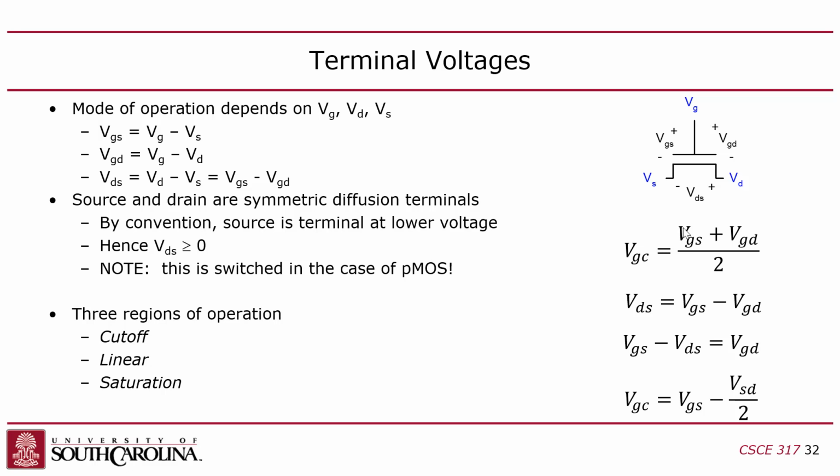Which makes sense, because this guy has a bulk terminal, its body, its substrate is N type. So we want to attract holes, the minority carriers, out of the N. So we've got to put a negative voltage here. You guys with me on that? So you're putting a negative voltage on the gate-source for the PMOS.